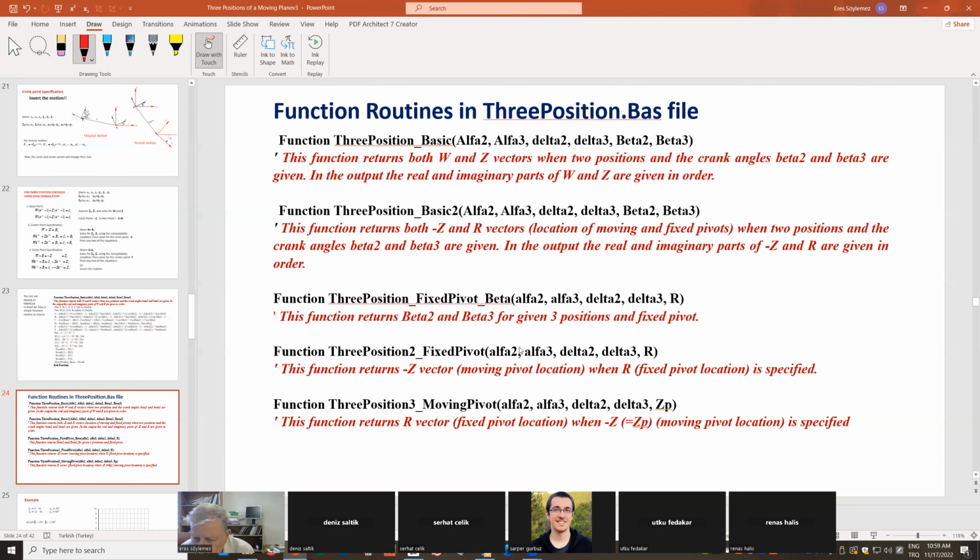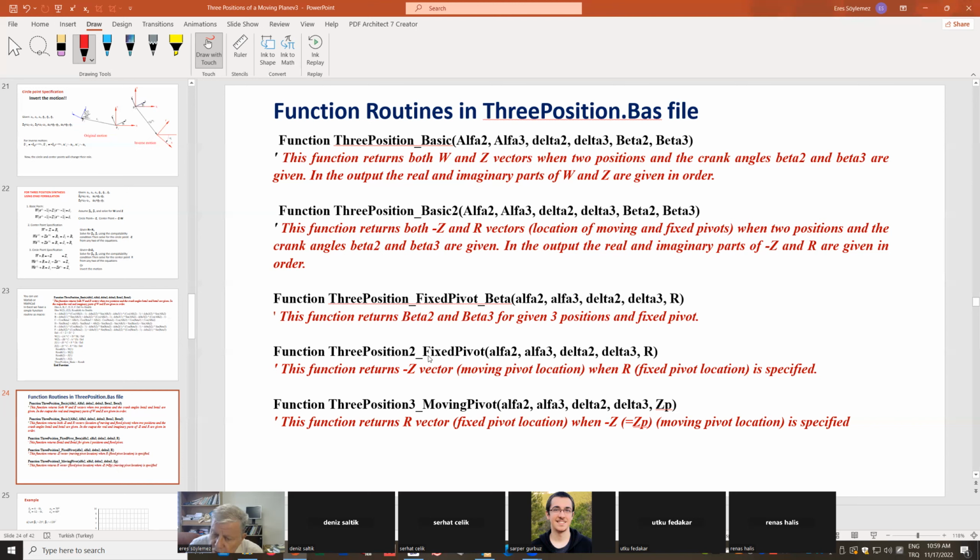Function 3 position fixed pivot. In this case, you again define the 3 positions, alpha 2, alpha 3, delta 2, delta 3, and R. R is the location of the center point. This function, 3 position fixed pivot, will return beta 2, beta 3 values for the given 3 positions.